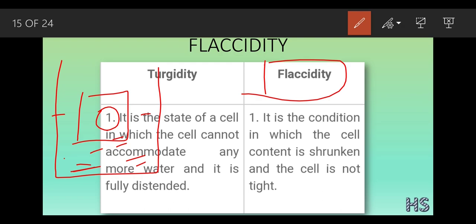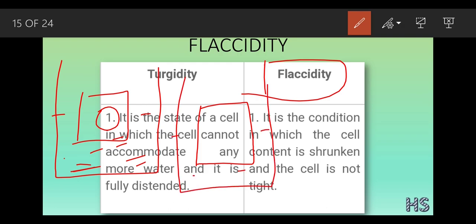The water inside this vacuole will come out due to exosmosis. Because of this, the vacuole will start to disappear. After some time, if this cell continues to be in the hypertonic solution, what is going to happen?